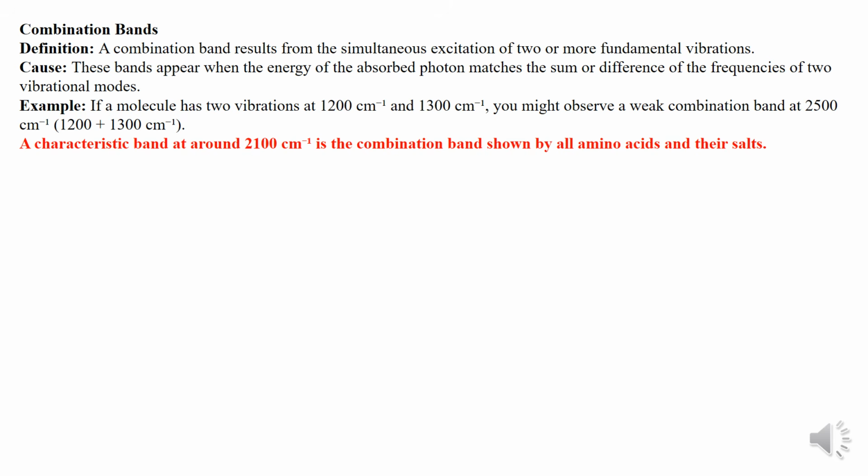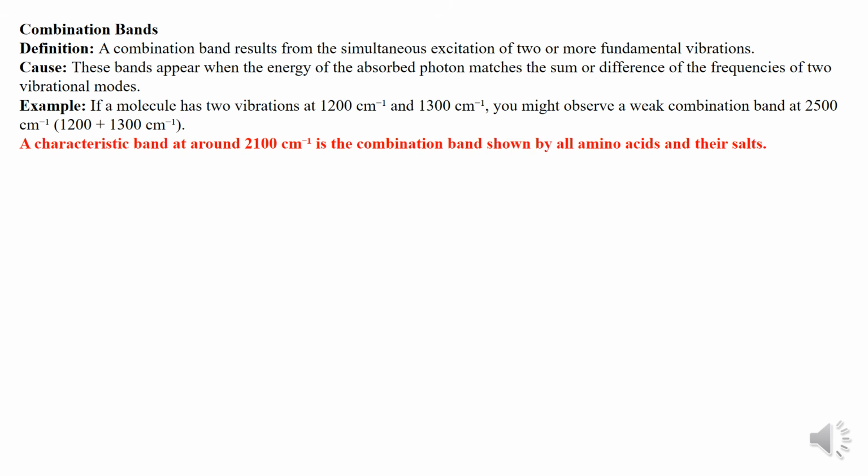When you sum up 1200 and 1300, you end up with 2500 centimeter inverse. So you see a peak at 1200, a peak at 1300, and there is a weak combination band at 2500, which is the sum of the frequency of these two vibrational modes.